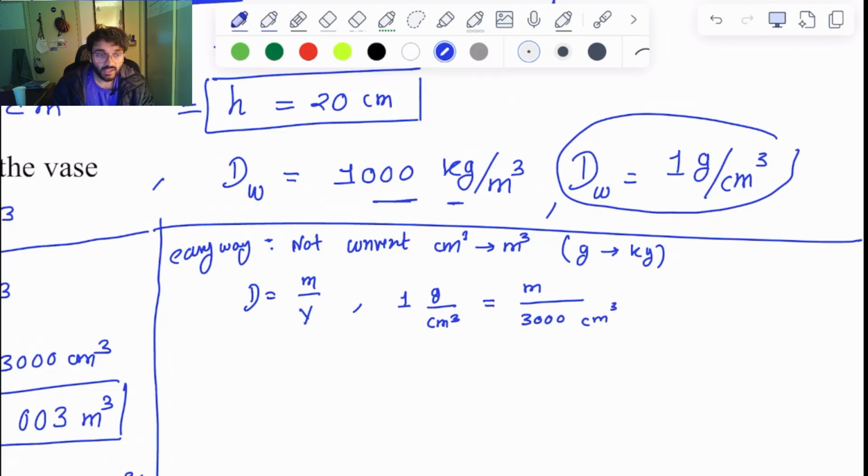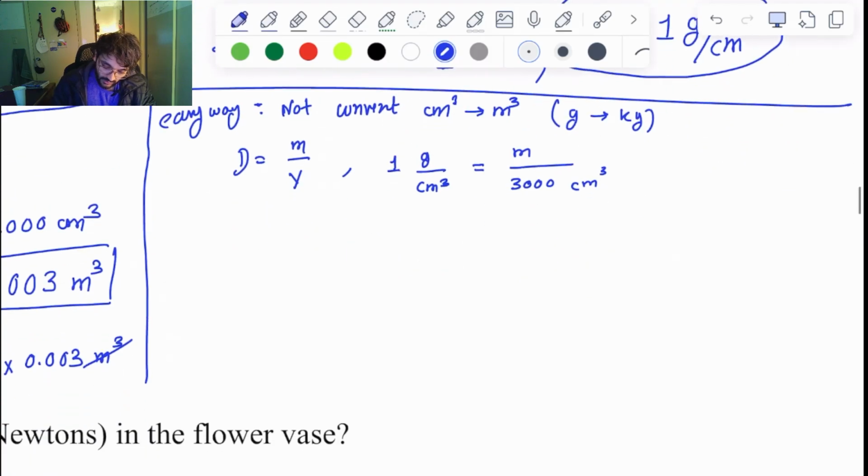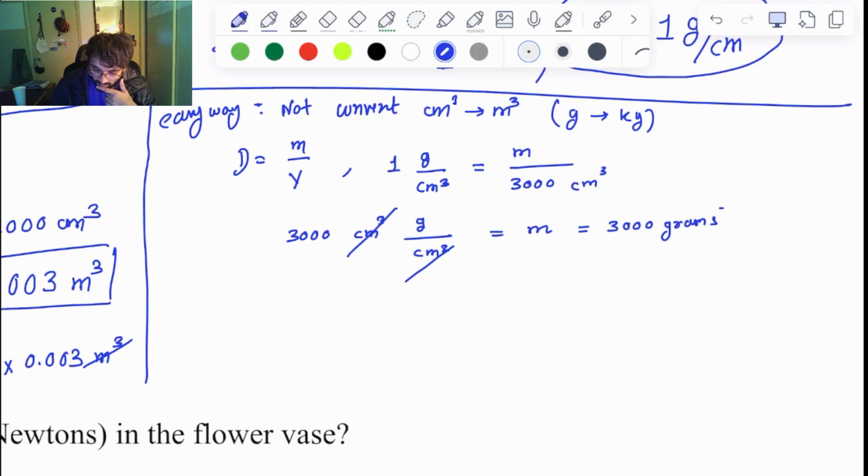If you multiply both sides by 3000, you get 3000 centimeter cube times 1 gram per centimeter cube equals mass. And centimeter cube and centimeter cube cancel. It's like dividing 2 by 2 or 100 by 100. That gives you mass equal to 3000 grams. The mass is in grams.